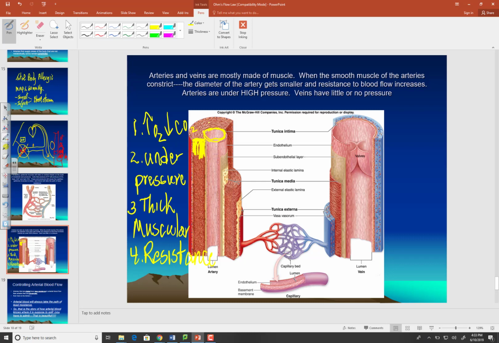And I'll explain more of that with Ohm's flow law. So systemic arteries carry blood that's high in oxygen and low in carbon dioxide. They're under pressure, so they have systolic and diastolic pressure. They have a thick muscular wall, and they're referred to as the resistance vessels.